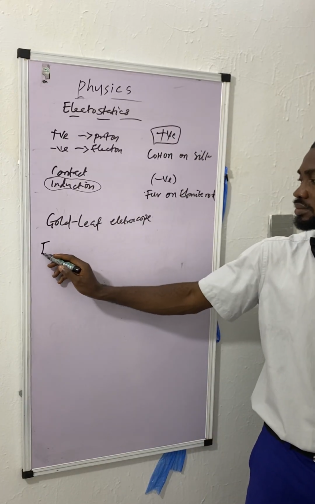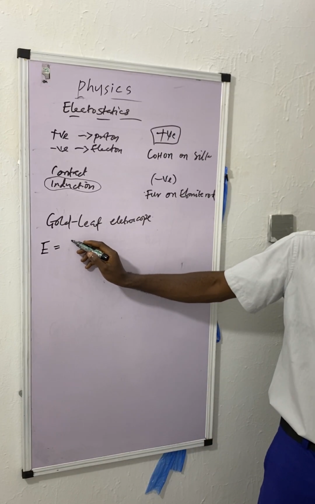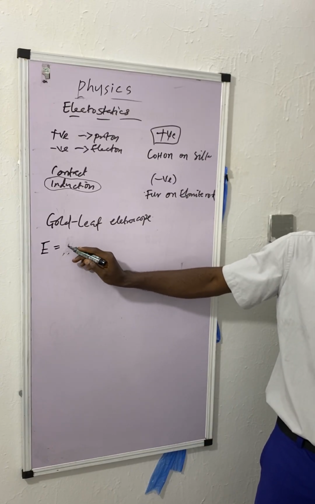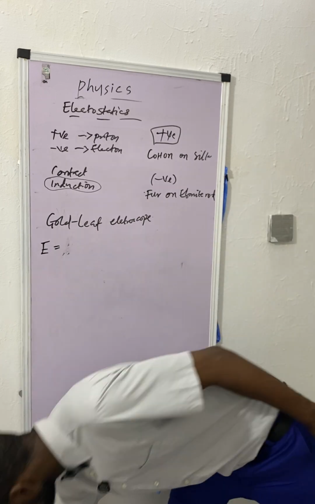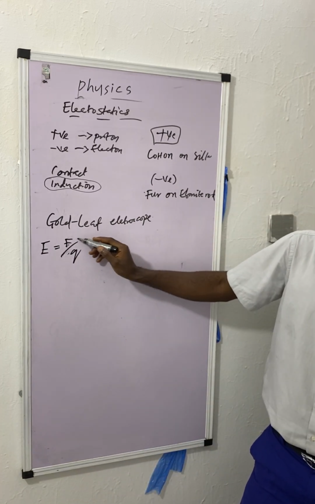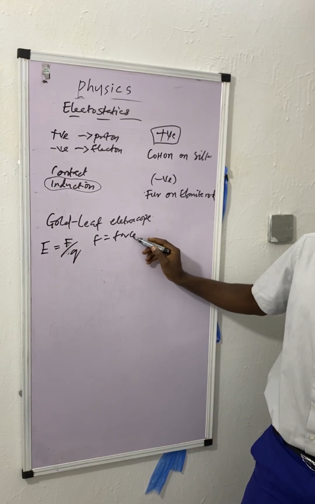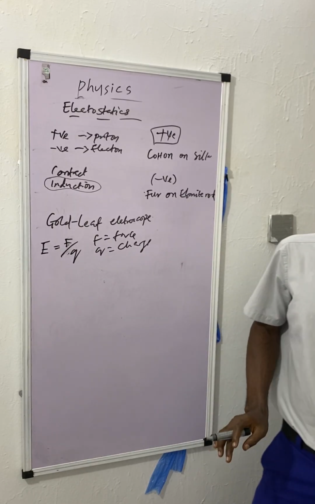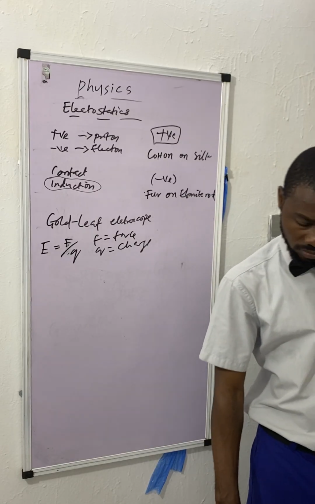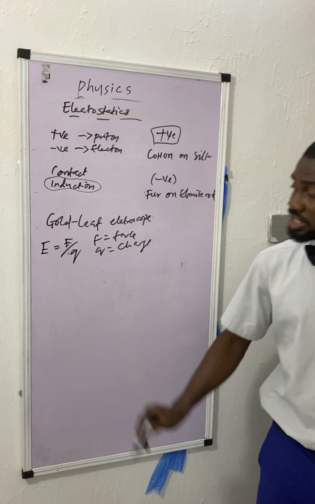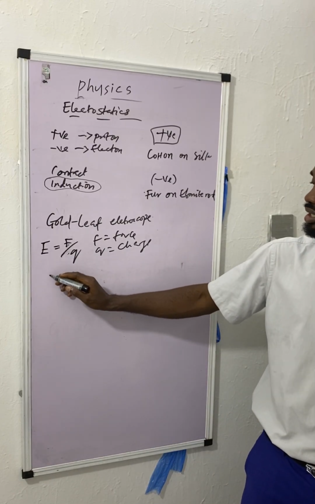Electric field E is equal to force per charge. Electric field is the force exerted per charge, where F is force and Q is charge.